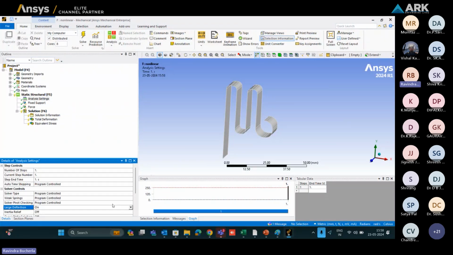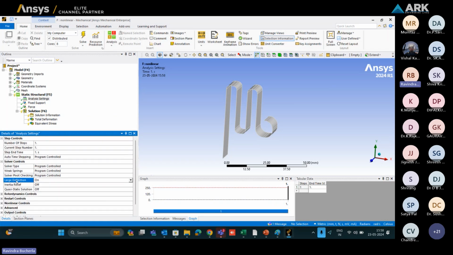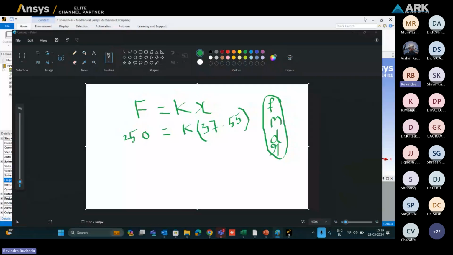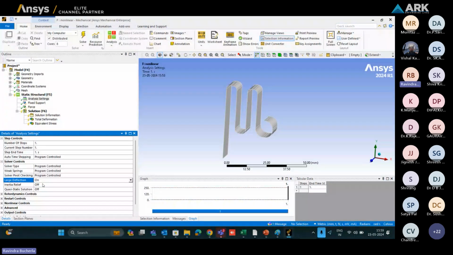If you are going with the geometric nonlinearities, you need to enable large deflection on. If you enable it, you will be having the nonlinearities: force convergence, moment convergence, displacement convergence, rotation convergence. All these four types of convergence will come under this once we enable large deflection on.